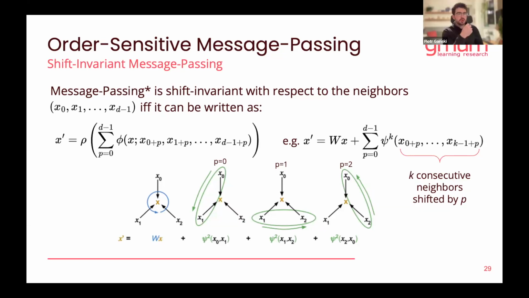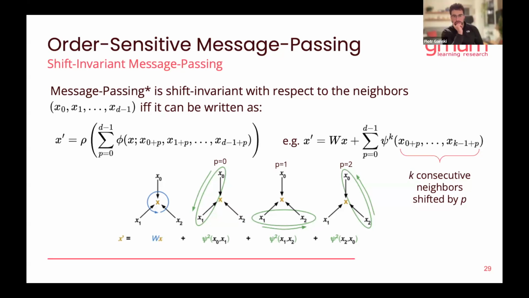I mean, when k equals 1, we have the classical message passing. It's permutation invariant by definition. Yes, but if you take 1, then you no longer want to be permutation invariant, right? So if you take k to be 1, then you would be permutation invariant.